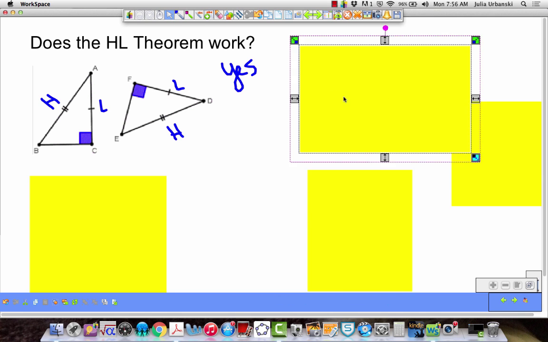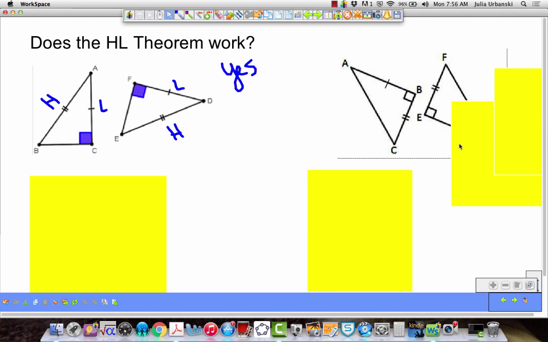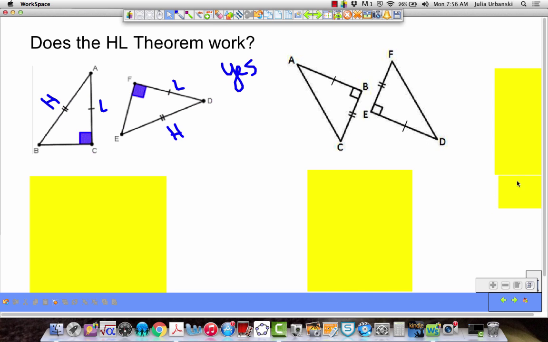Would this one work? Yes and no. No by hypotenuse leg. There's absolutely no information on the hypotenuse. Yes by what? SAS. That's right. Okay, so you can still use right angles even when the hypotenuse leg doesn't work. But in order to use hypotenuse leg, you would need a mark on the hypotenuse. You see the difference?